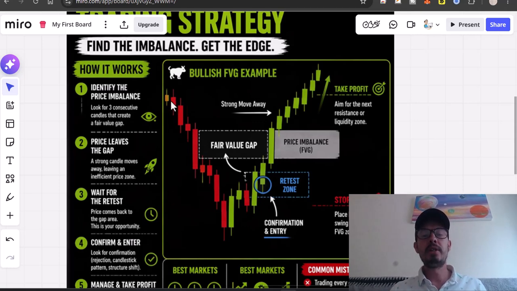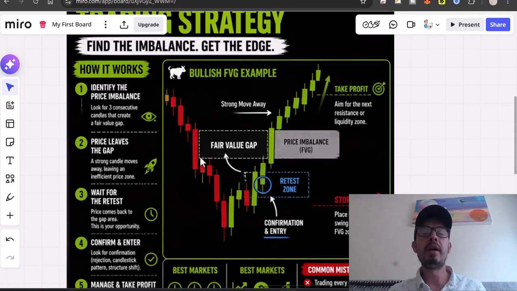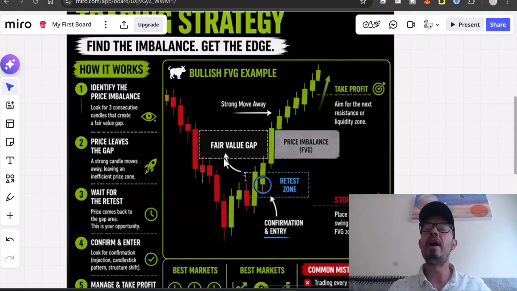For example, here we can see one, two, three candles, then out of a sudden one big candle, created by the price action really quickly. Then price reacts and continues its way down. But see this big candle? We can distinguish this candle and name it the fair value gap zone.